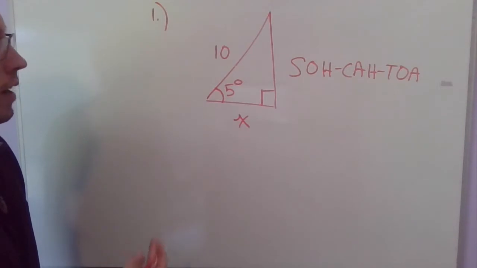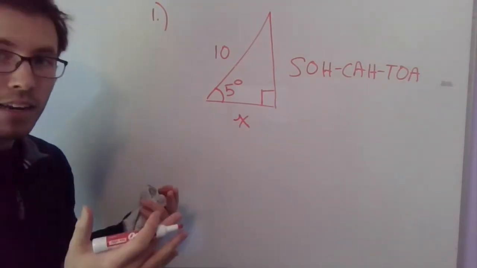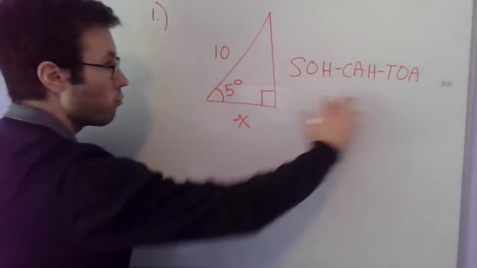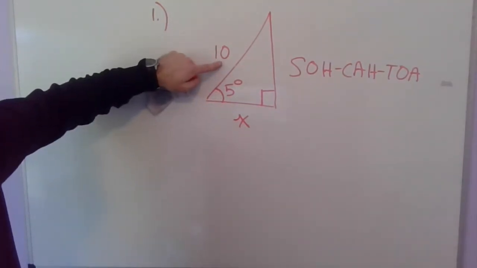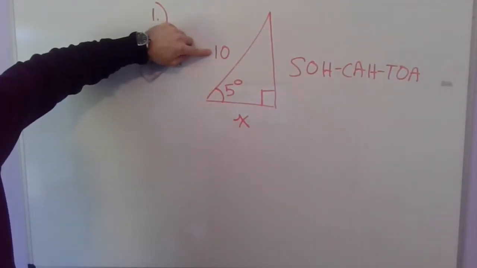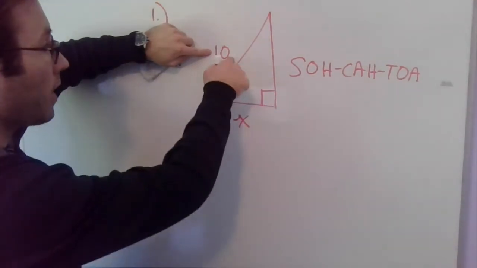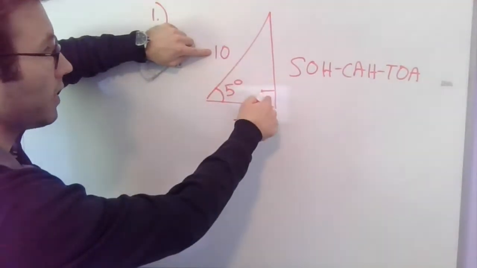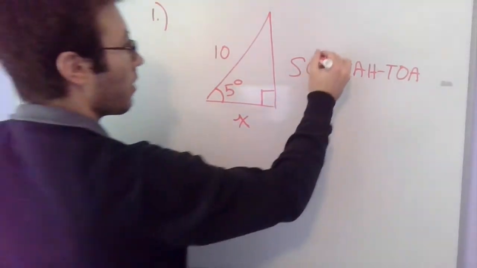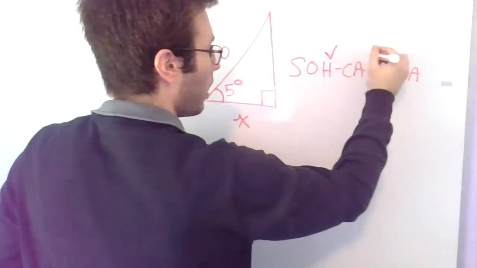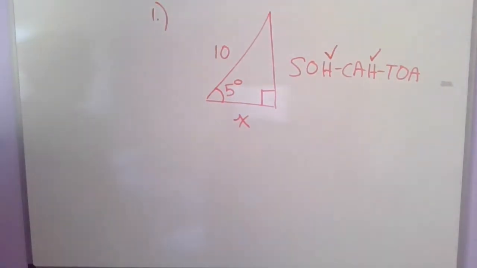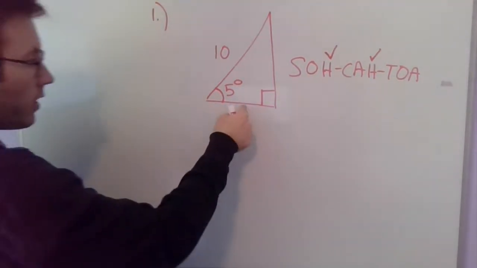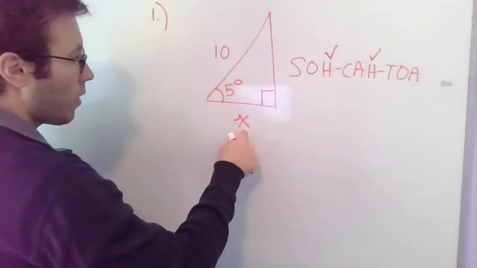So you start off by identifying the sides. First off, I wrote Soh-Cah-Toa down. I identify this side right here. This side is given. It's the hypotenuse. It's the side opposite the 90. So I check off H, hypotenuse, everywhere I see an H. Then I'm looking at this x right here.